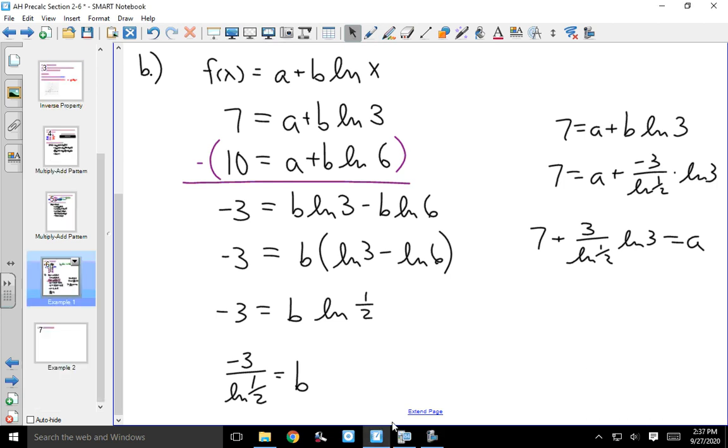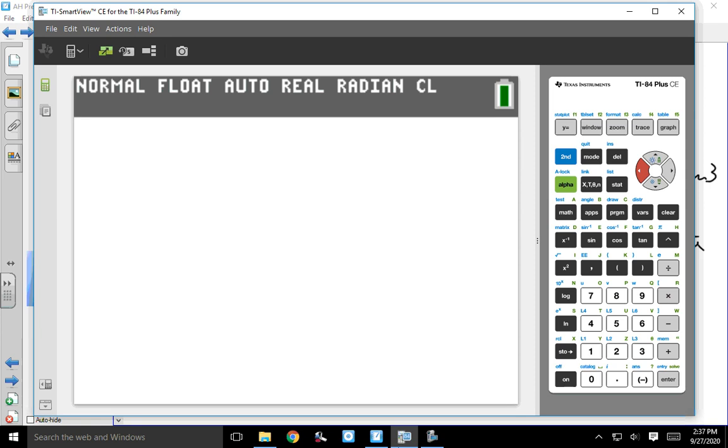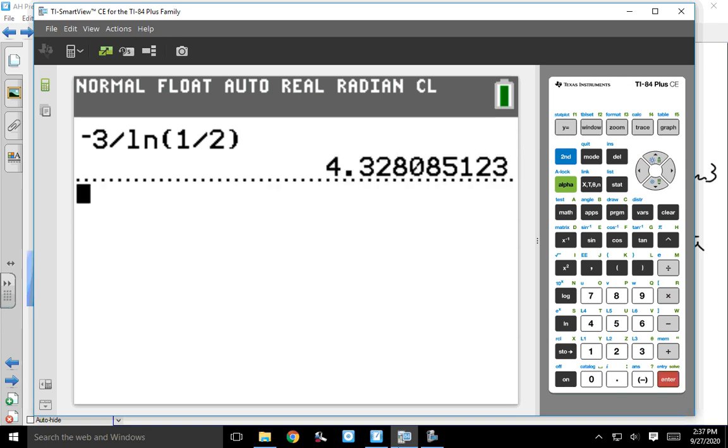All right, so on your calculator, let's punch in the value for B. What do we come up with? Negative 3 divided by the natural log of 1/2. Oops, 1/2. There's our value for B. 4.328, it looks like, is the value that we should end up with for B. And then for the value for A, that one was a little bit more to it.